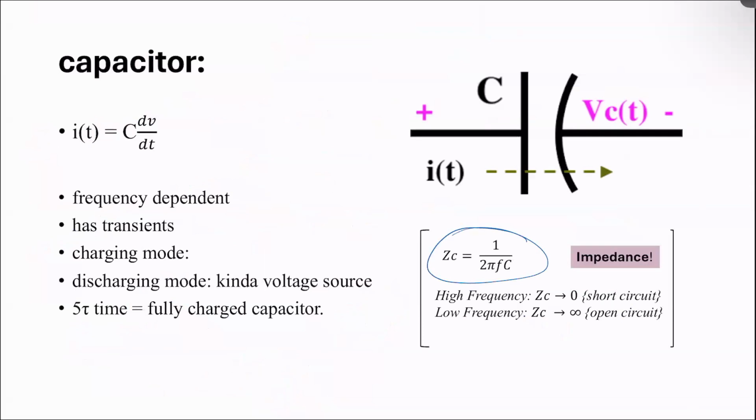Also remember that at high frequencies, your capacitor behaves like a short circuit, and that means there is no current flowing. And at low frequencies, your capacitor behaves like an open circuit, right? Let me give you an example for a short circuit.